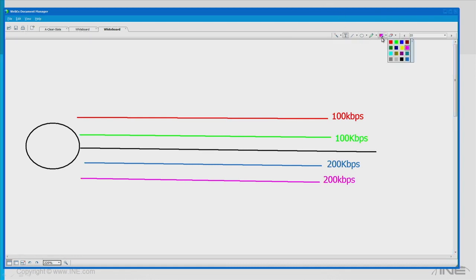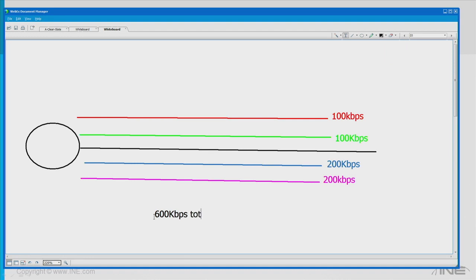Okay, well, if I add up all of those, then I'm going to get 600. So on my interface, what I would want to do is type the bandwidth command to be bandwidth 600. Now, how is EIGRP going to react to that?